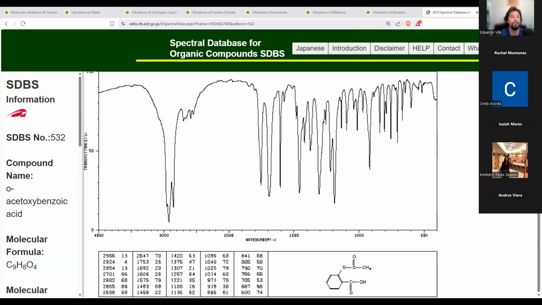So what functional groups do you see? Like just in the structure already, what do you see?